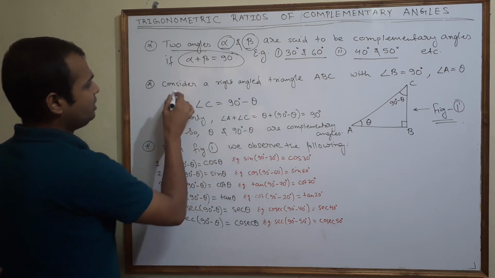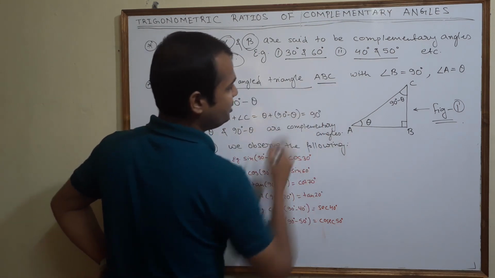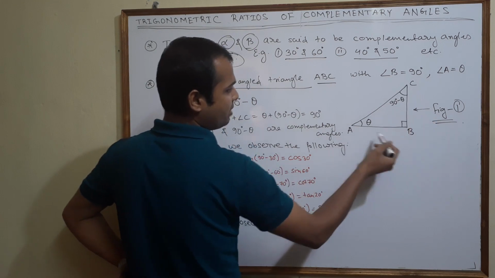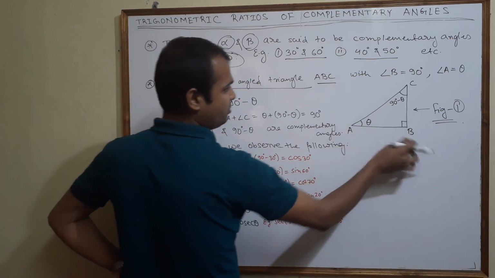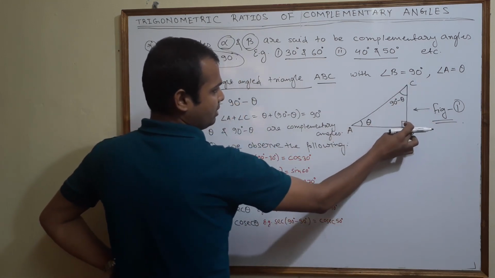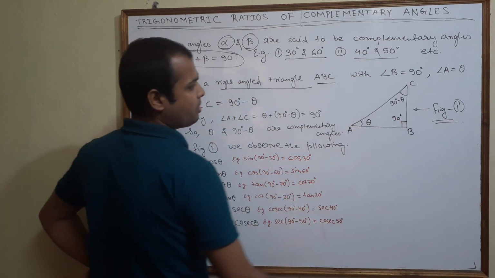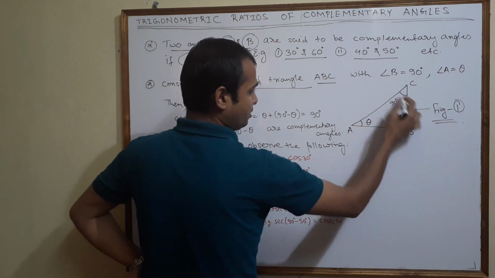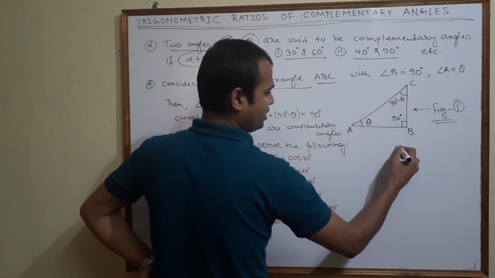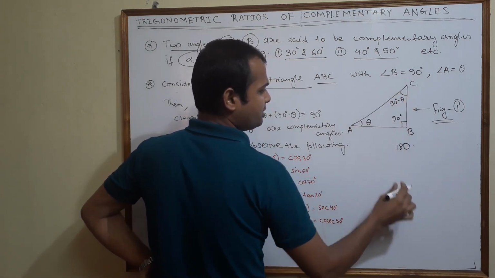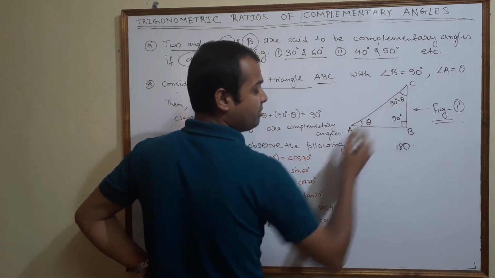Now let us consider a right angle triangle ABC. Here in figure 1, I have taken a right angle triangle ABC where angle B is 90 degrees, and at A it's theta. You know that the sum of the angles of a triangle is 180. Already this is 90, so the sum of the remaining will be 90.